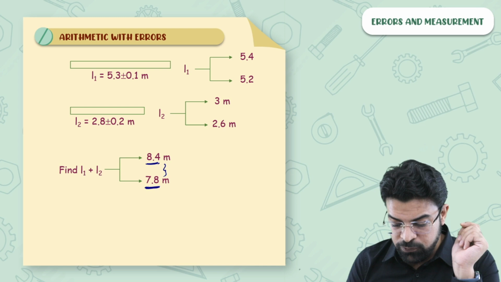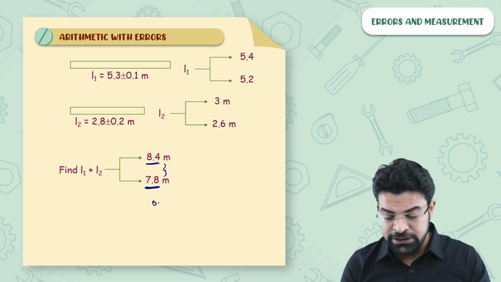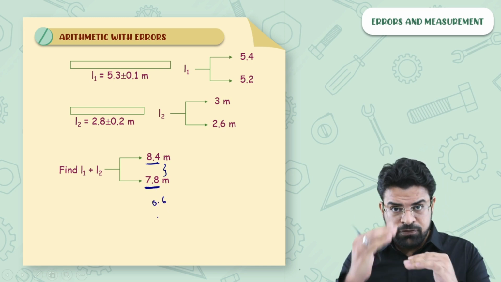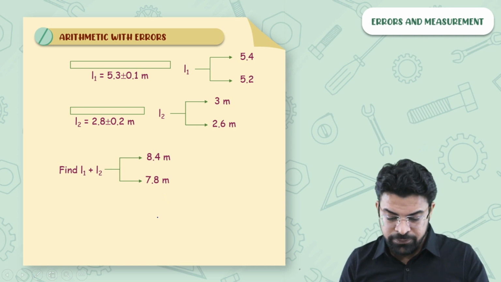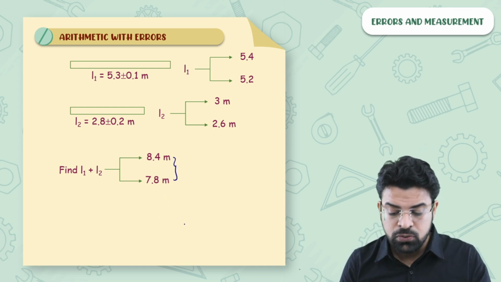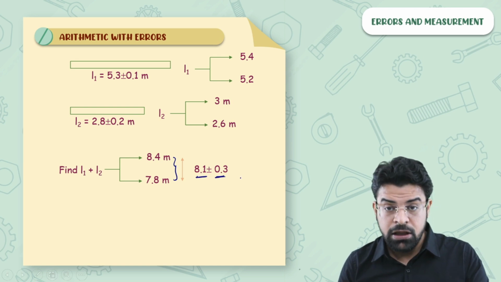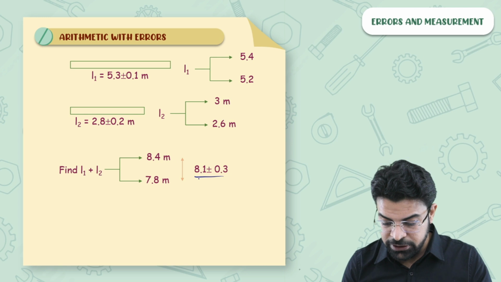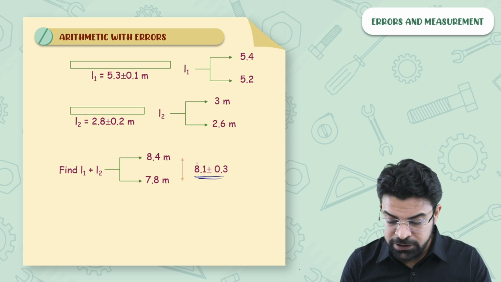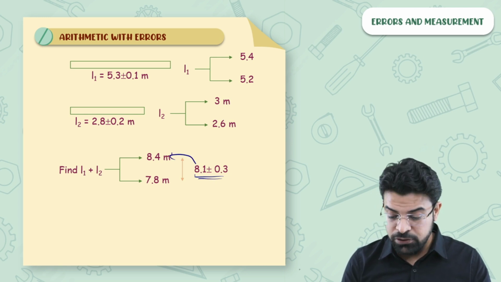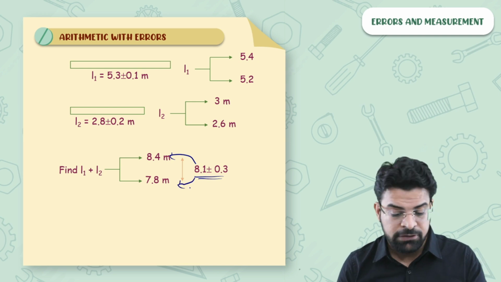7.8 and 8.4 have a gap of 0.6. So you can find their average and report these two lengths as 8.1 plus minus 0.3. When you do 8.1 plus 0.3, you get 8.4. When you do 8.1 minus 0.3, you get 7.8.